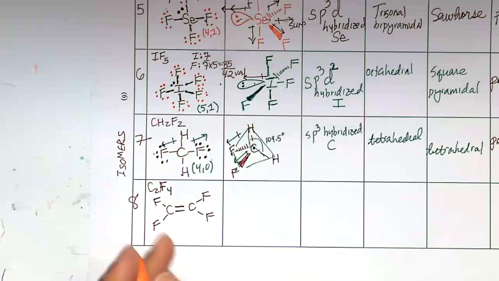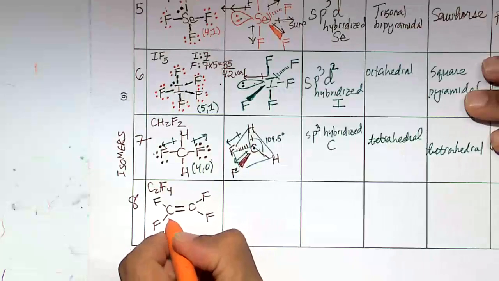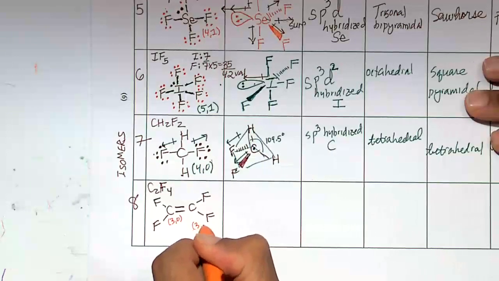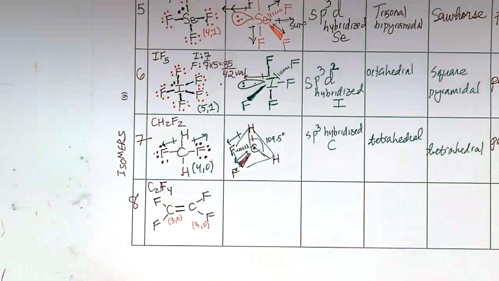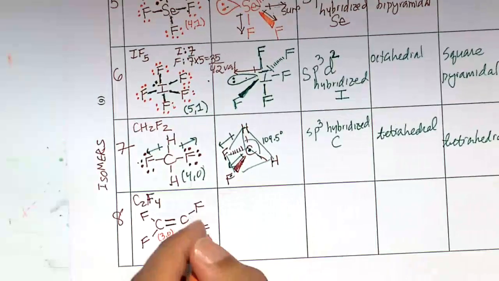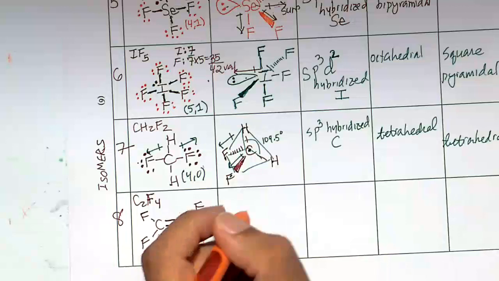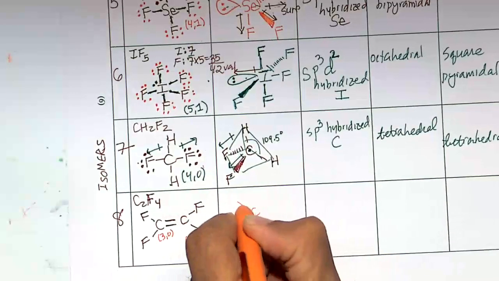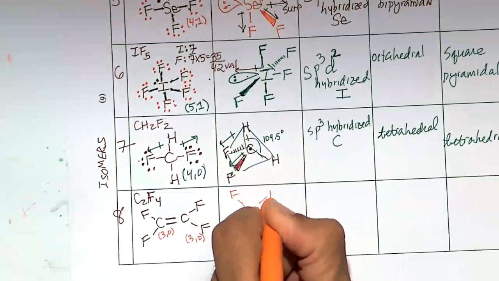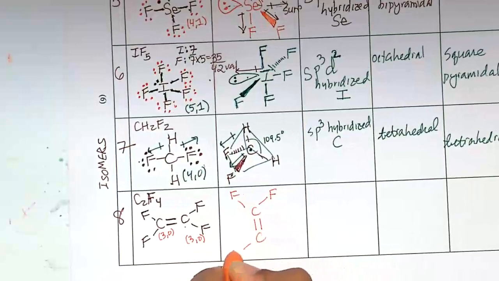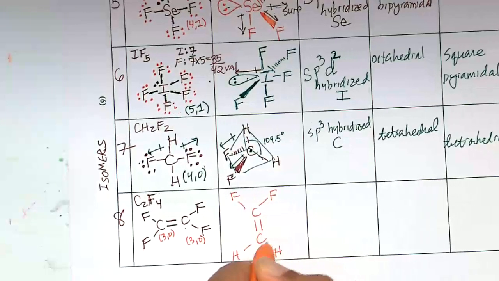All right, so this has 2 central carbons. This carbon has 3 bonds, 0 lone pairs. That second carbon is 3 bonds, 0 lone pairs. So these are both sp2 carbons. So we have a trigonal planar shape for this carbon, and then a trigonal planar shape for that carbon.